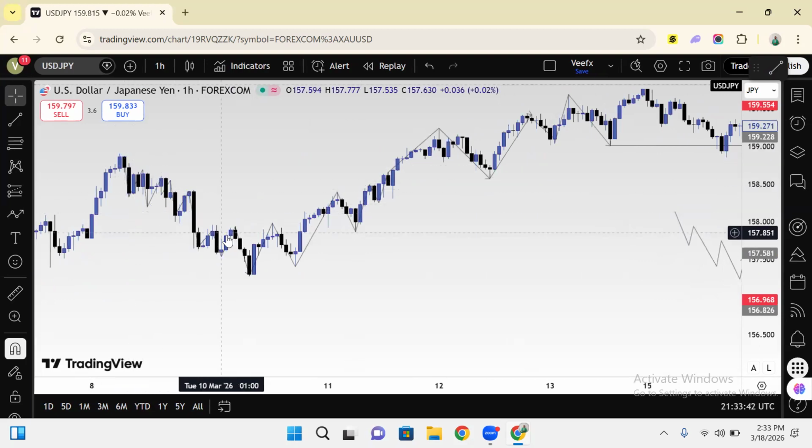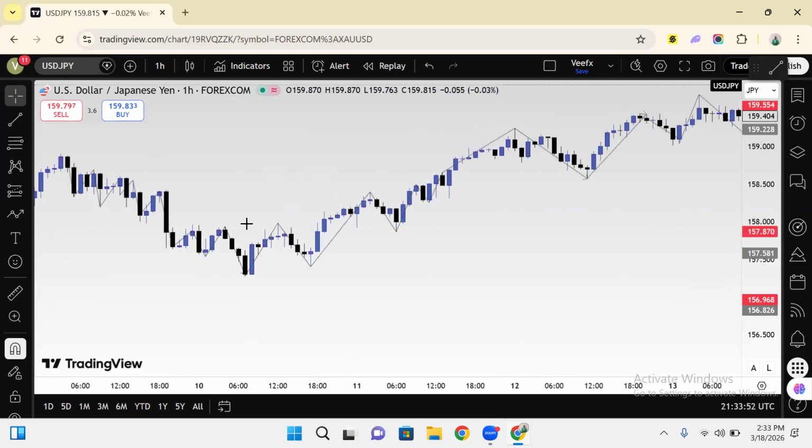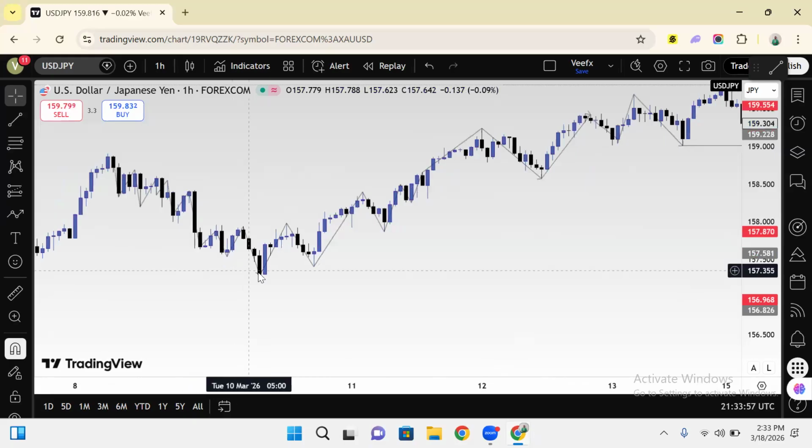So now, can you guys see this particular one, let's use this for example. Remember, the market was on a downtrend here, right? This is a low, a lower low, this is a lower high, this is a lower low, this is a lower high. I think they're even equal in this case. Now, this is the last low, and this is the last high.